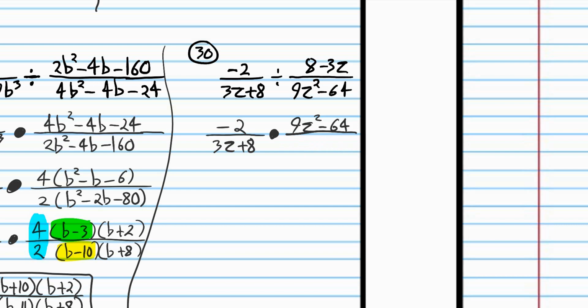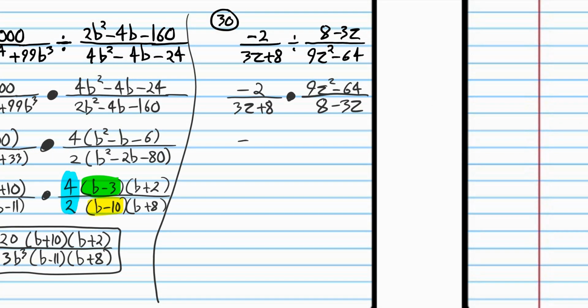Before I do anything, I should just show the original expression. And factor out -1. And now we can cancel out.